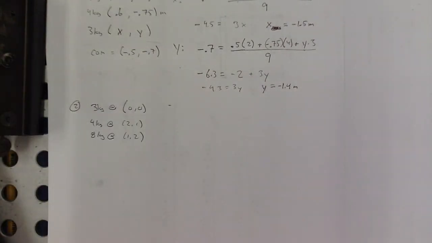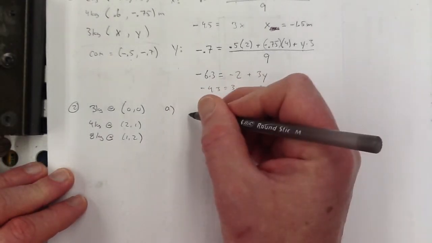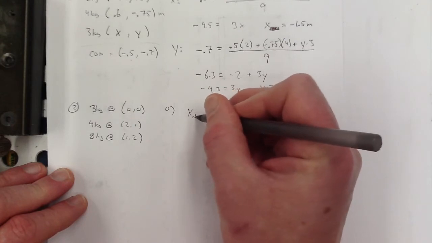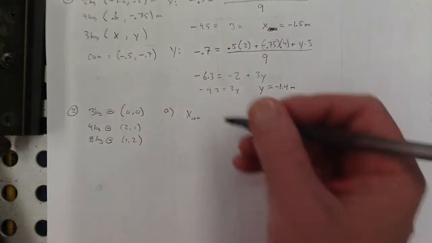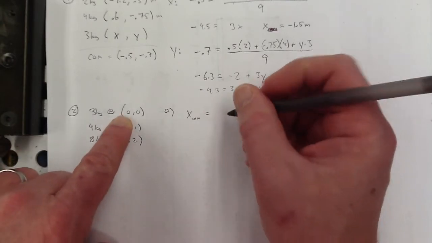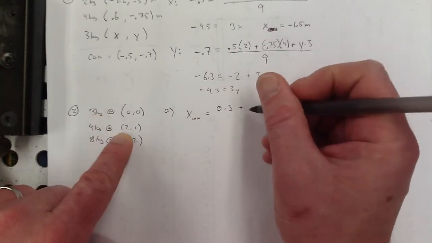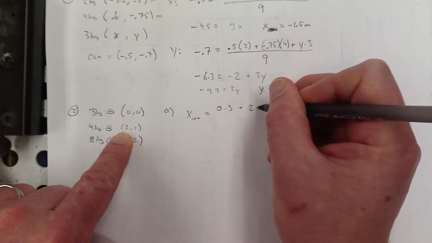And they want to know the x and the y coordinate of the center of mass, and then some other part C, which we'll deal with in a minute. So A, what is the x coordinate of the center of mass? The x coordinate of the center of mass is found by taking the x coordinates, multiplying by the respective masses.